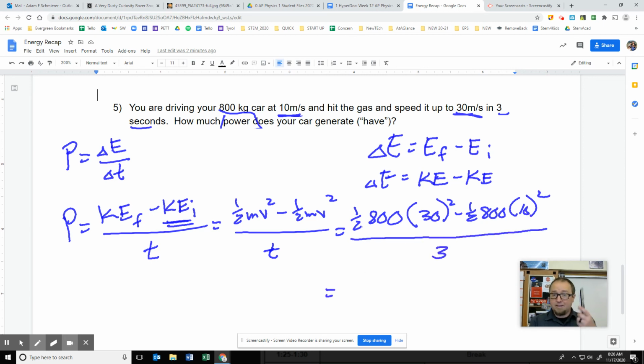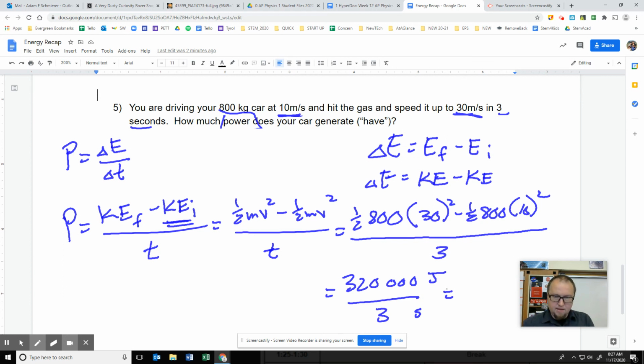I'm gonna plug this in my calculator. I'm gonna do the top first. Half times 800 times 30 squared minus half times 800 times 10 squared. I just get a number, 320,000, all over 3. So that top unit is joules and the bottom unit is seconds. So I'm gonna divide that by 3.